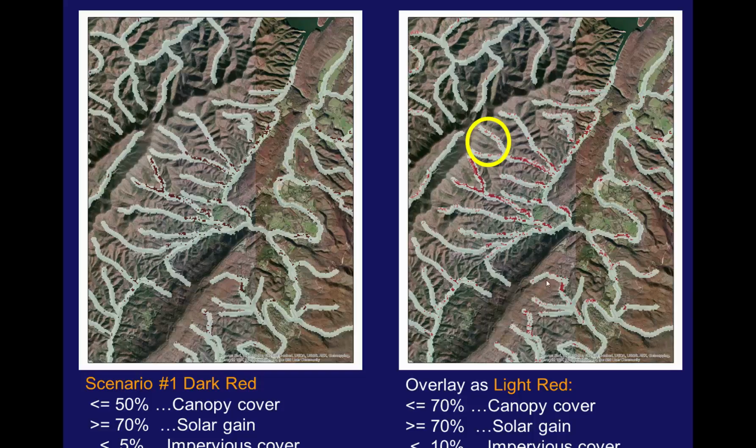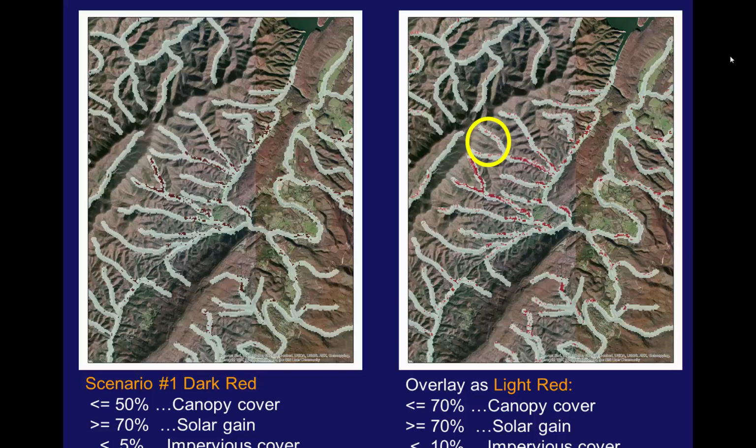The example on the right was done modifying those parameters somewhat. For this, the canopy cover threshold used was increased to 70%. The solar gain parameter was left the same, and the impervious cover parameter was increased to 10%. With this, you're going to have some additional areas identified as meeting the criteria.